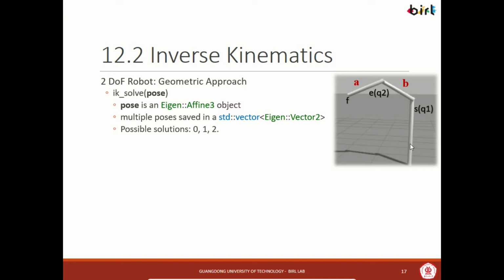Multiple poses are saved into a vector of type Eigen Vector2. I don't remember clearly now what this is, but it sounds to me like it would be the solutions, oh yeah. These are not poses. These are multiple joint angle solutions that can be saved in a vector of type Eigen Vector2. What does that mean?